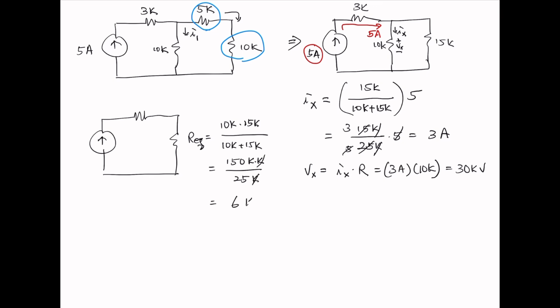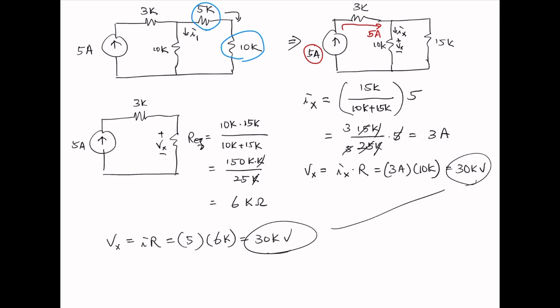K will go away, and that'll give us 6 kilo ohm. For this circuit, we have a Vx right there. So now we have a 5 amp going through it. So the Vx in a single loop, we have Vx equals IR, and I is 5, R is 6K, so that is 30 kilovolts. So that's what we have, and they are the same.